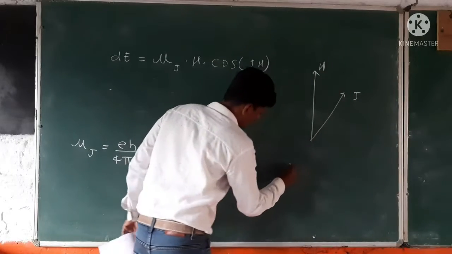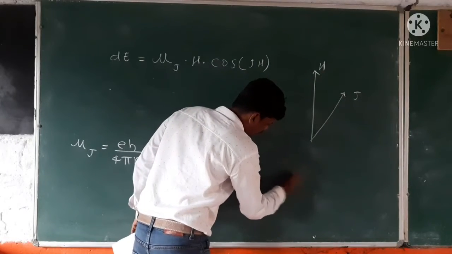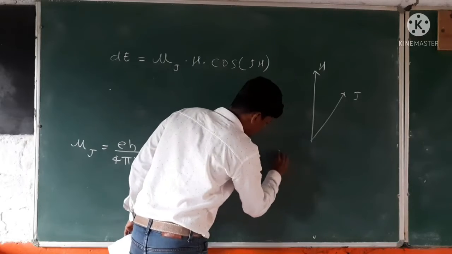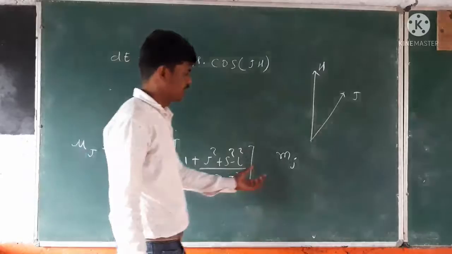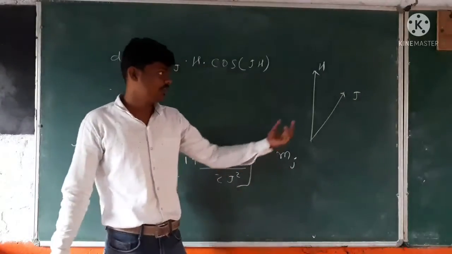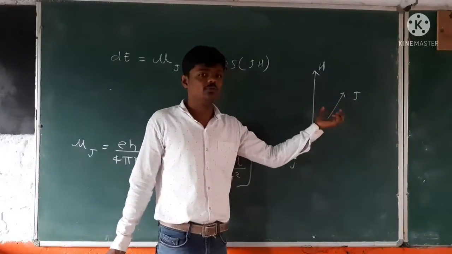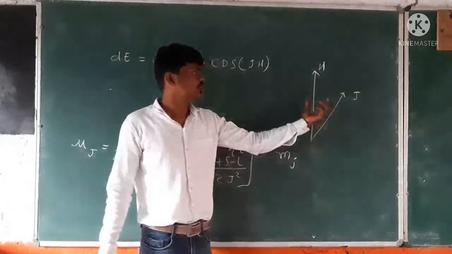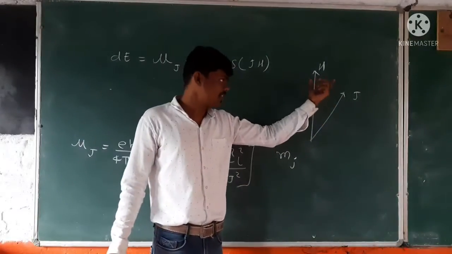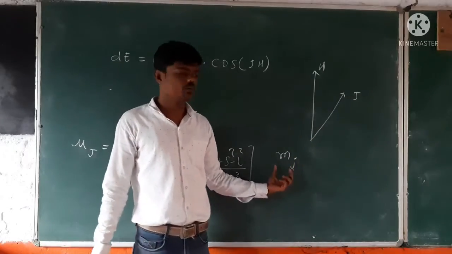So what will be the values? I will represent those orientations with Mj. So Mj is nothing but the magnetic quantum number. That means when J has some possible ways to revolve around this H, they are nothing but Mj.